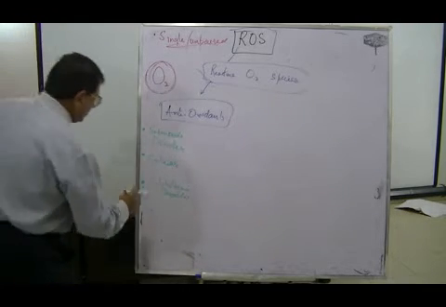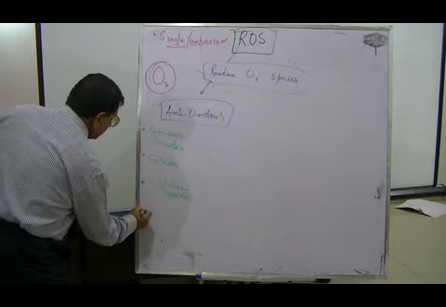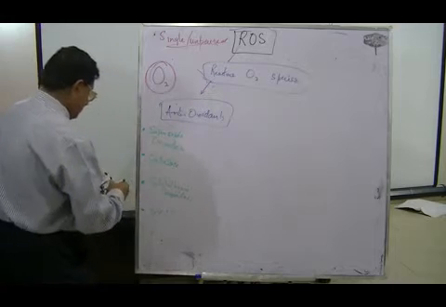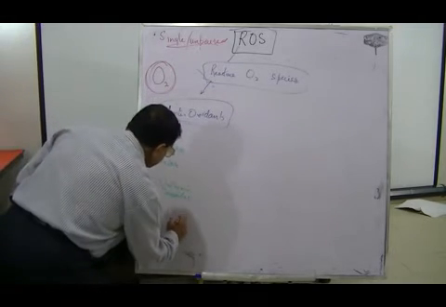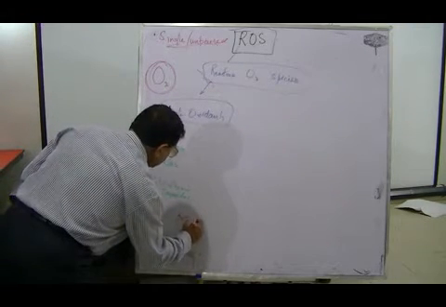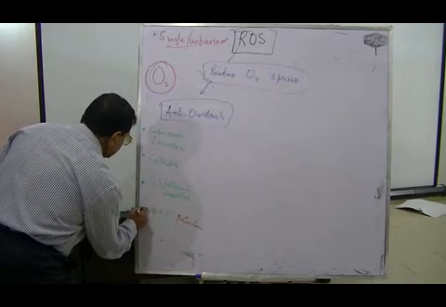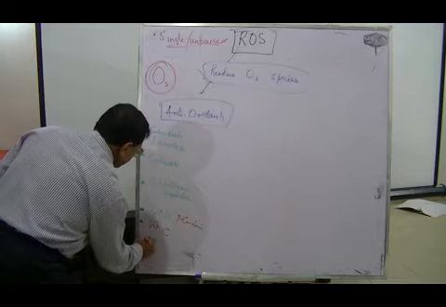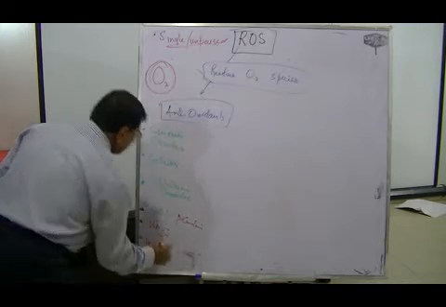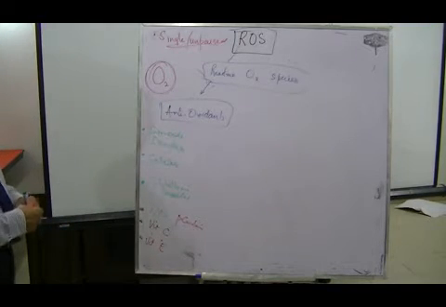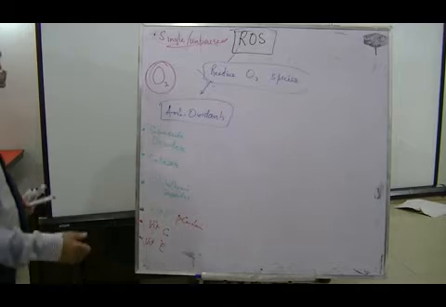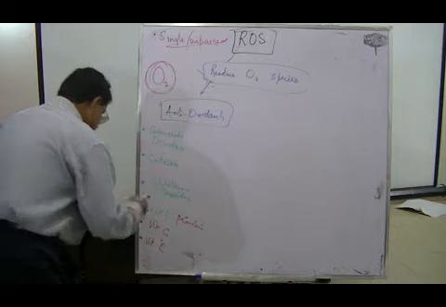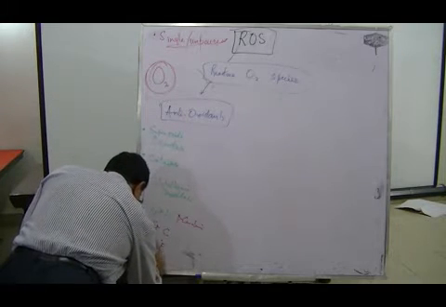Then you have got the vitamins: vitamin A, that is beta carotene, then you have got vitamin C, then you have got vitamin E. So these are the natural antioxidants, and there are some artificial antioxidants that you add in food.